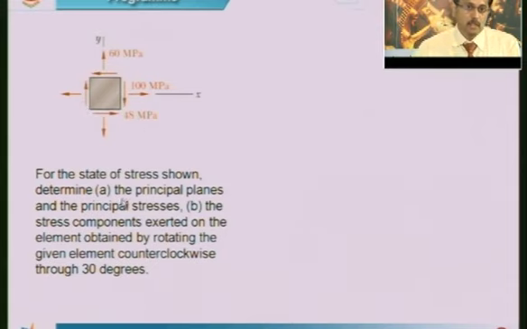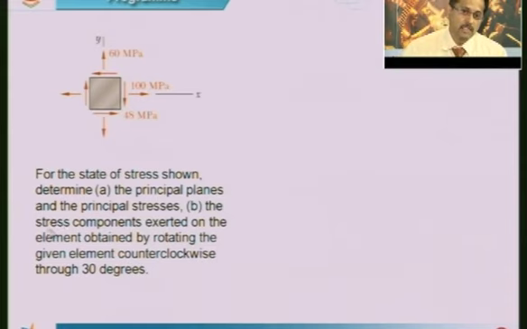We have to determine the principal planes and the principal stresses, and the stress components exerted on the element obtained by rotating the given element counterclockwise through 30 degrees.